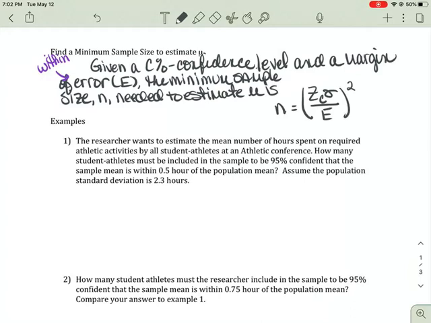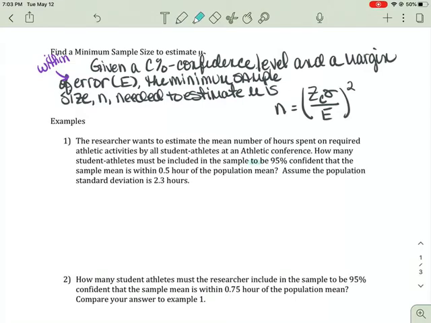A researcher wants to estimate the mean number of hours spent on required athletic activities by student athletes at the athletic conference. How many student athletes must be included in the sample to be 95% confident that the sample mean would be within 0.5 of an hour of the population mean?